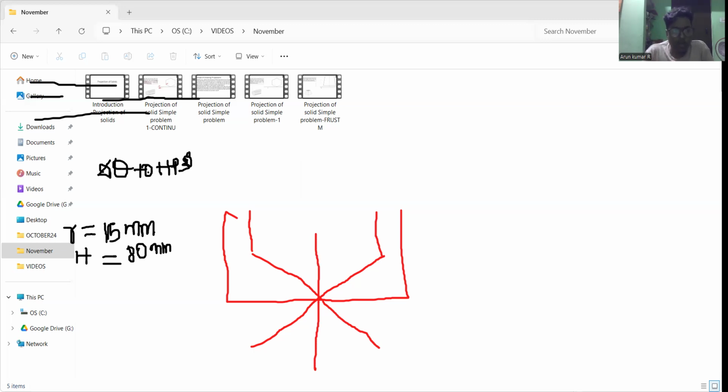You have to give an angle value. The angle theta is 30 degrees.